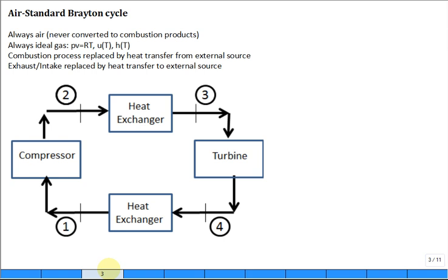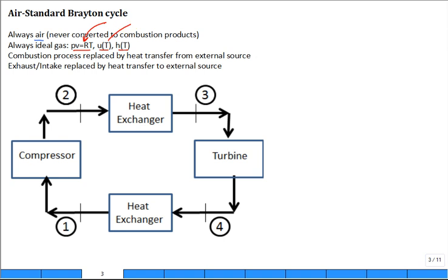So what does it mean? It's always air, it's never converted to carbon dioxide and water vapor. It always behaves as an ideal gas. Those three things you remember as an ideal gas. What's this first thing? Ideal gas equation. What's the second thing?